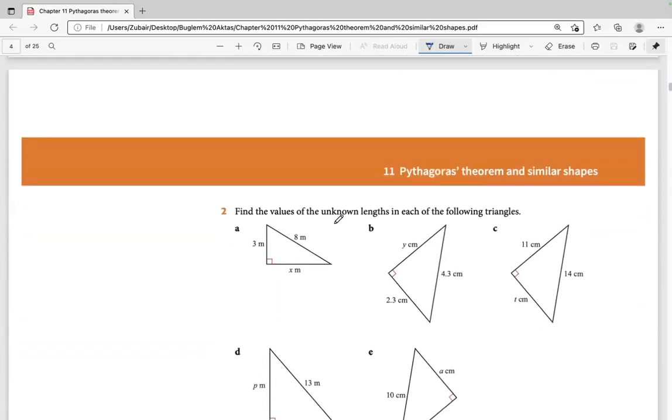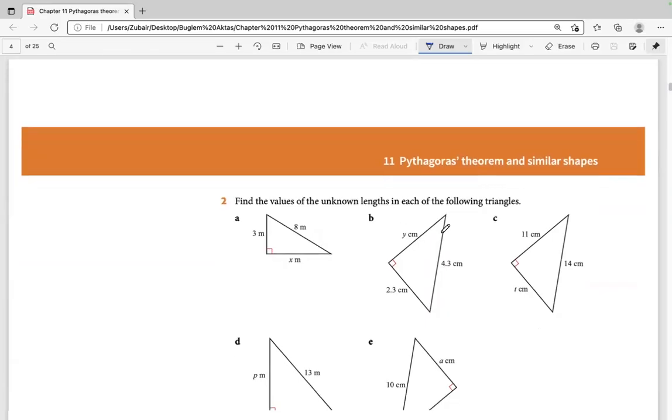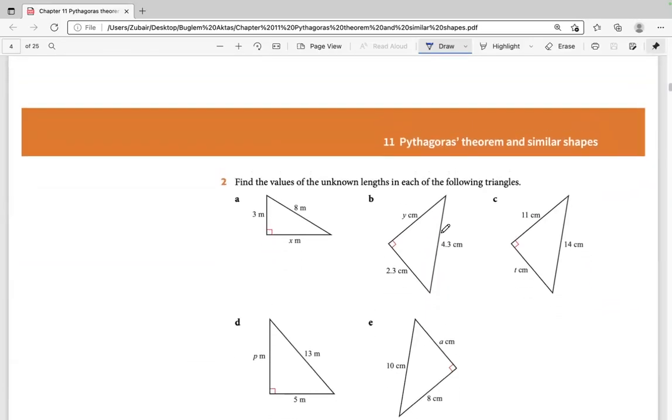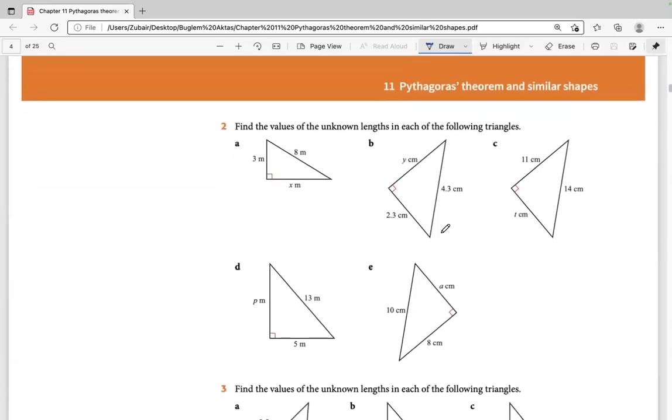Question number 2 says find the value of the unknown lengths in each of the following triangles. Let's do it for these two, A and D. 55 squared, square root.